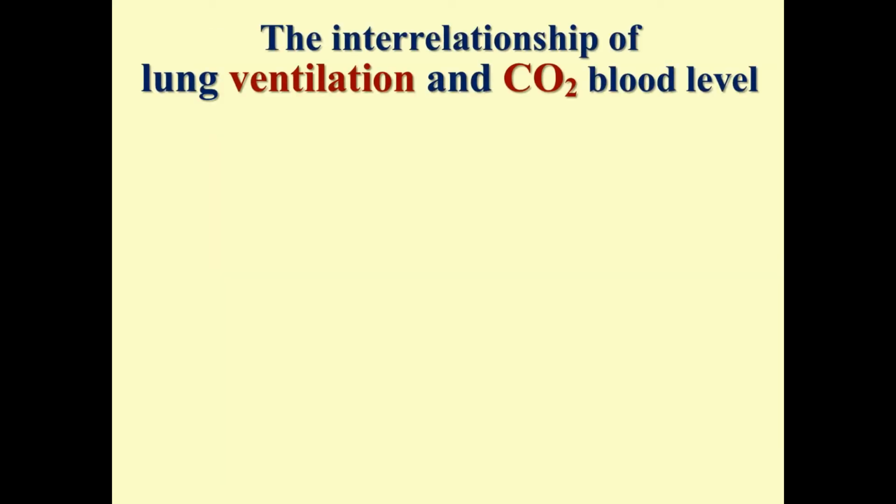Now let's consider the interrelationship of lung ventilation and CO2 blood level. It's very important to understand how lung ventilation influences CO2, and what is even more important, how CO2 influences ventilation back. These influences are bilateral, but they have different mechanisms. The first and very easy thing to understand is the influence of ventilation on the CO2 level.